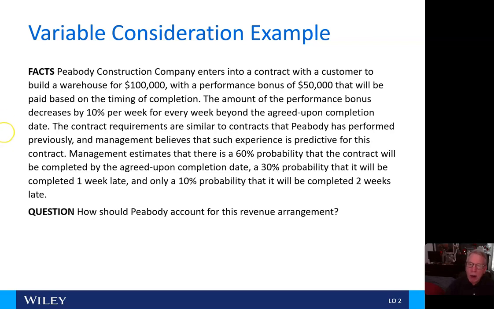The contract requirements are similar to contracts that Peabody has performed previously, and management believes that such experience is predictive for this contract. Management estimates that there is a 60% probability the contract will be completed by the agreed upon completion date, a 30% probability that it will be completed 1 week late, and only a 10% probability that it will be completed 2 weeks late. How should Peabody account for this revenue arrangement?